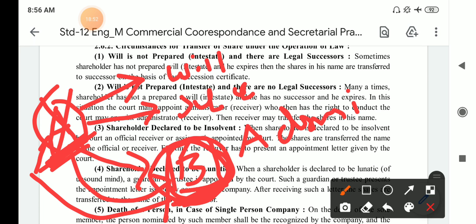He has not prepared a will and has no legal successor. So the court may appoint person B as administrator of A. Now all the responsibility is B's to observe the transactions of A, in case the will is not prepared and there is no legal successor.